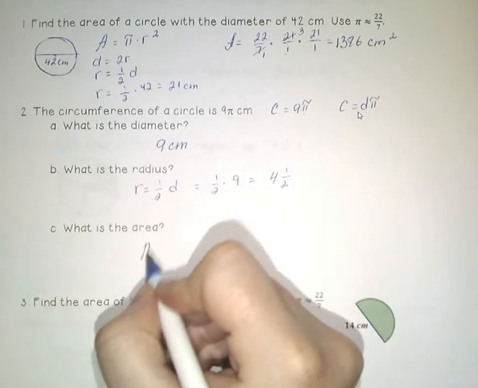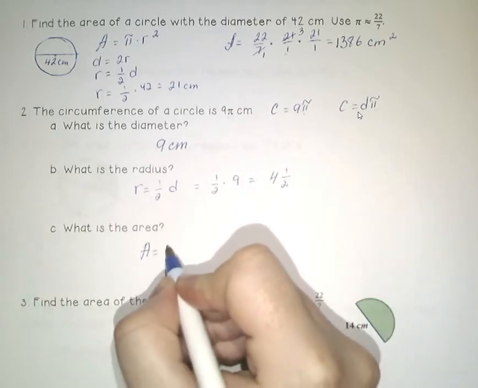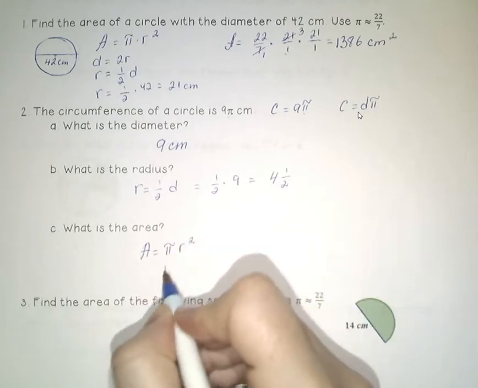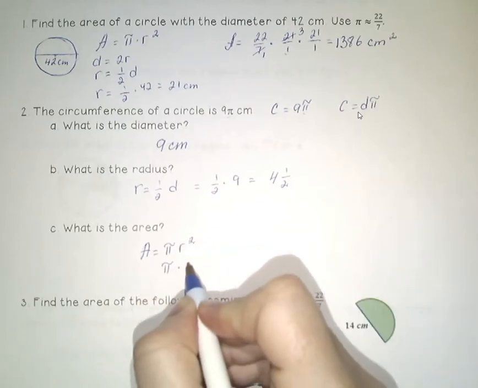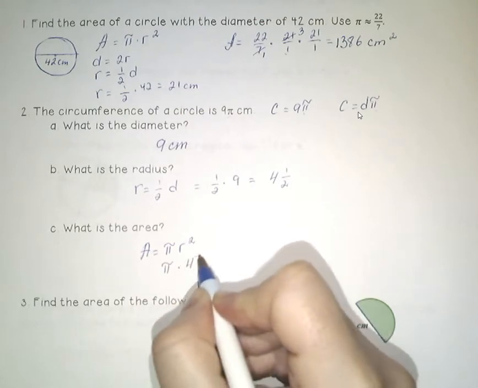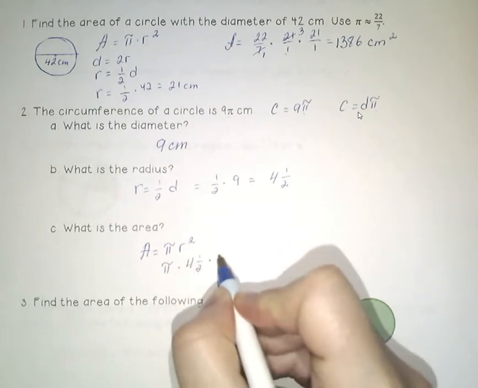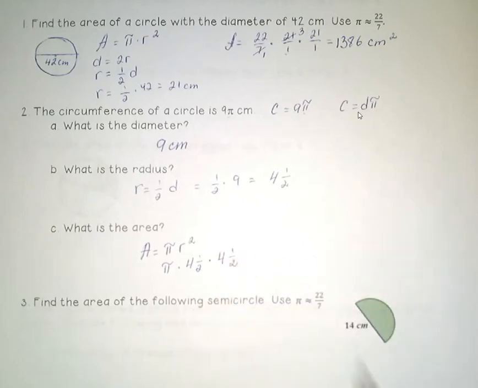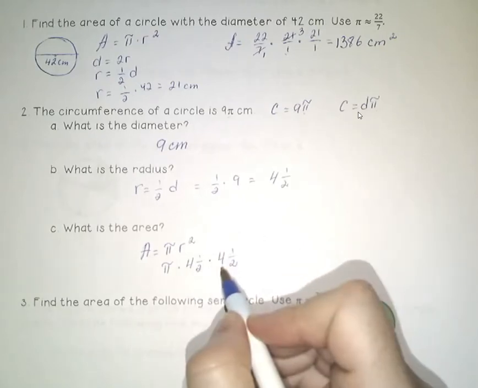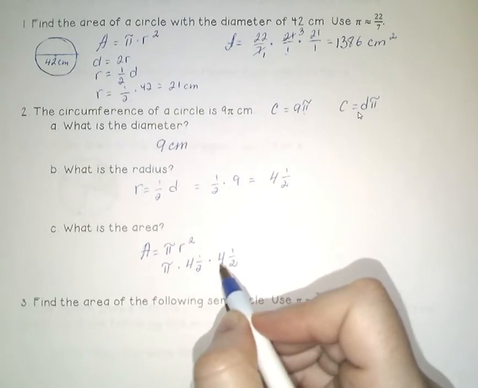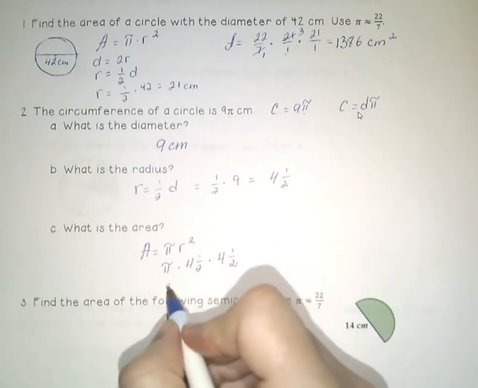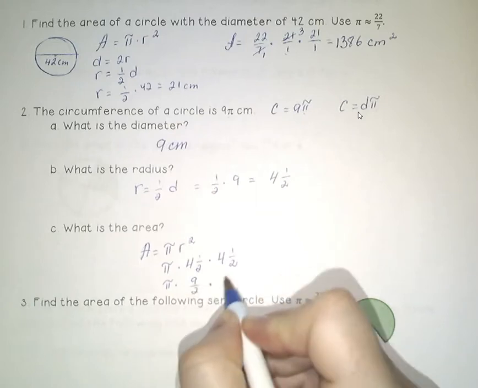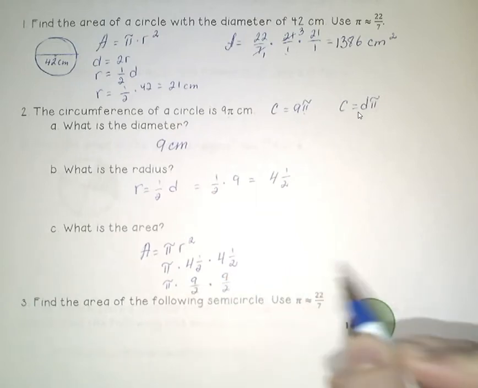To find the area, I need to multiply pi by radius squared, which is pi times 4 and 1/2, and times again 4 and 1/2. We can't multiply mixed numbers, we need to change them into improper fractions. So I will have pi times 9/2 times 9/2.